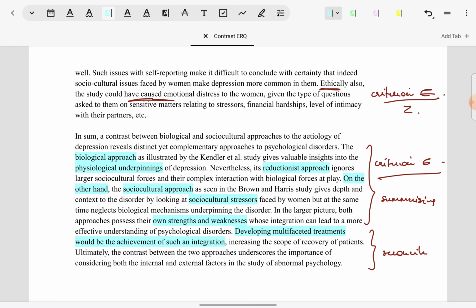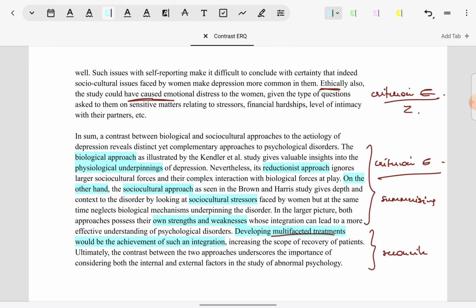So what we are learning from this is we need to integrate the two approaches for what? Why should we integrate them? Because we know the ultimate purpose. When we learn abnormality, whether we are learning diagnosis or etiology, the ultimate purpose is treatment. So once we integrate the approaches, we'll be able to develop multifaceted treatments which will have both biological and socio-cultural elements in them.